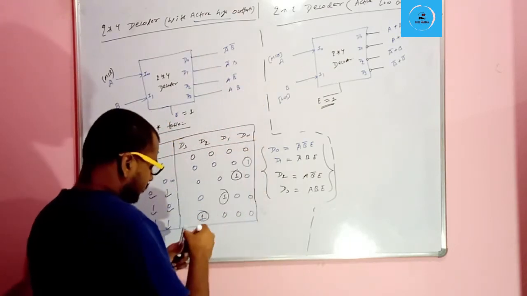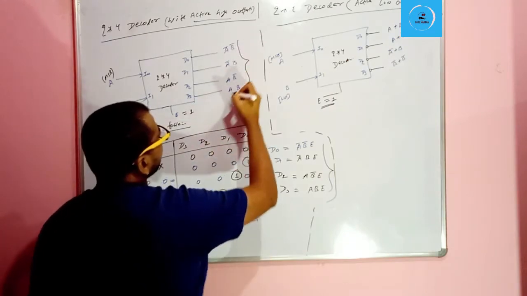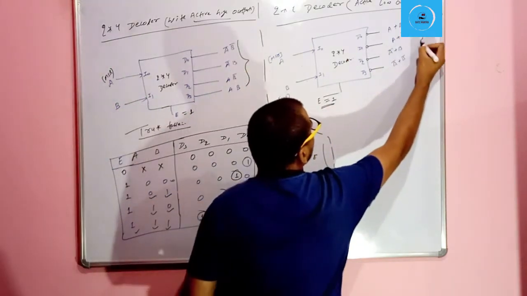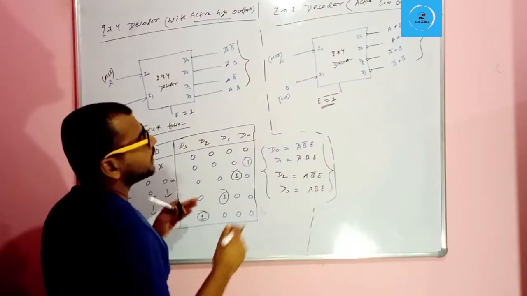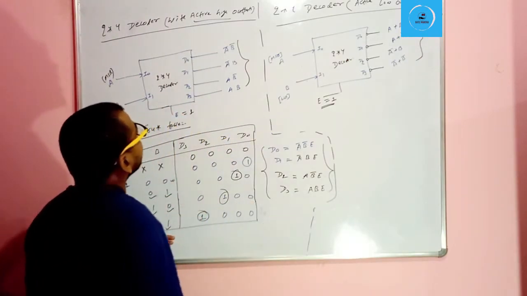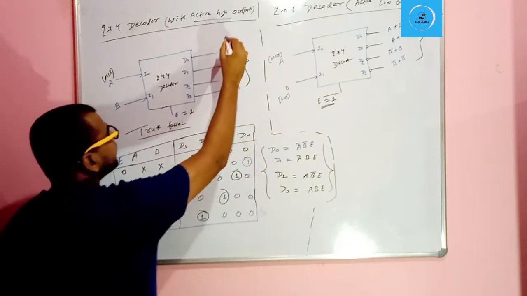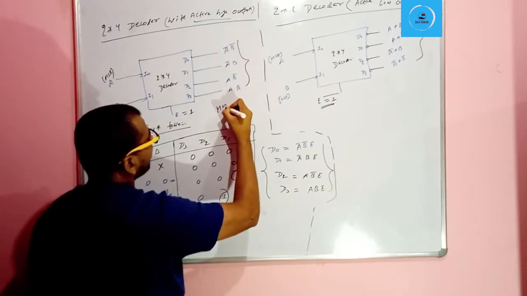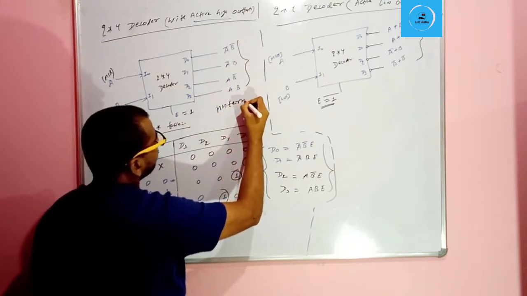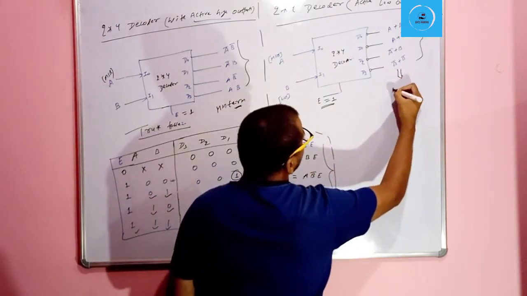So from these two expressions, the expressions of the output of the 2:4 decoder with active high and active low, we will see that the output of the 2:4 decoder with active high output will be the min term, and here the output will be the max term.